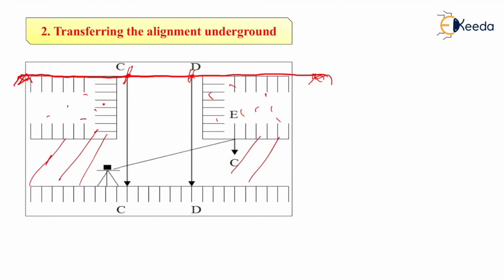We attach heavier weights to it, like 10 to 15 kg, which are generally suspended in a bucket of oil or water so that it will not oscillate. At the bottom, these plumb bobs are, as we see, immersed in a bucket of water or oil.